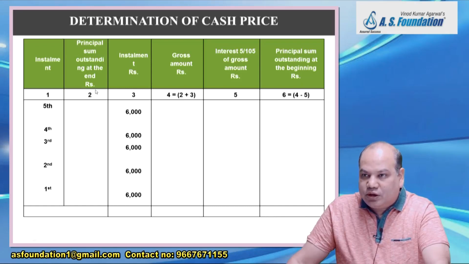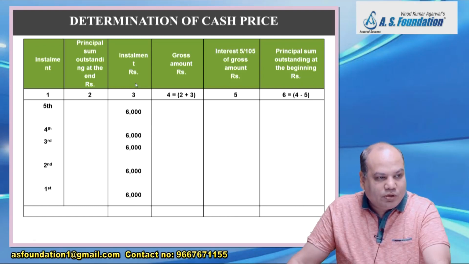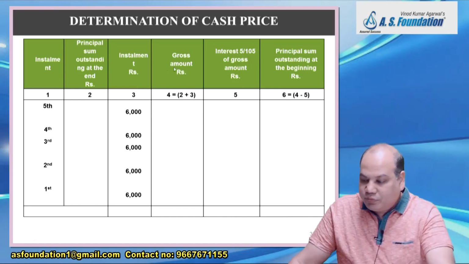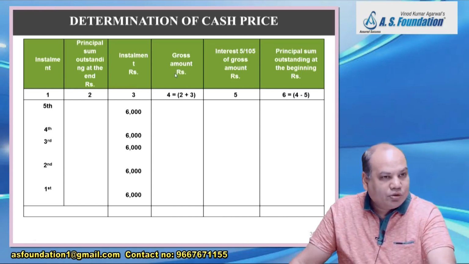Third column, installment in rupees. Fourth column, gross amount in rupees.